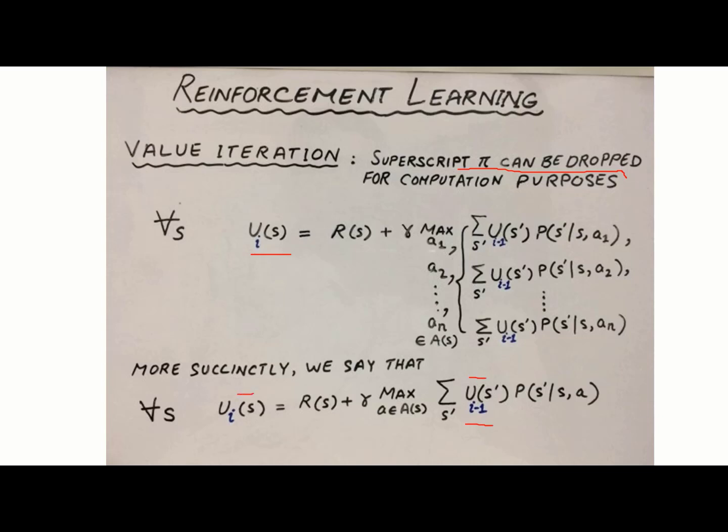And we should bring this pi into account the moment the algorithm finishes, because we are already storing the values of actions which are giving us the maximum accumulated reward, so they are being stored separately. So another reason to drop this superscript pi is that the optimal policy that we are computing is going to be stored in a separate variable based upon the action which maximizes the expected accumulated reward.